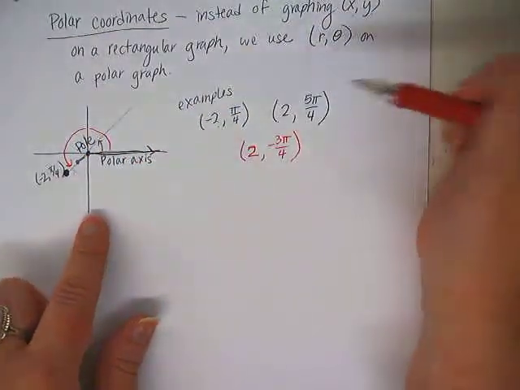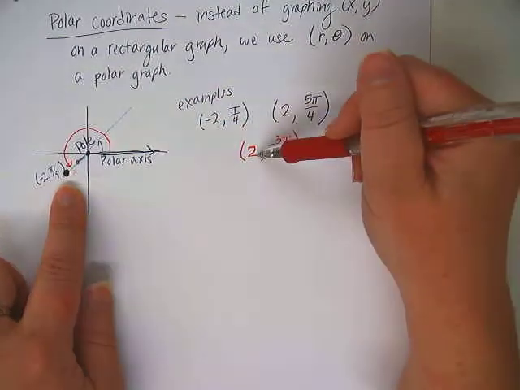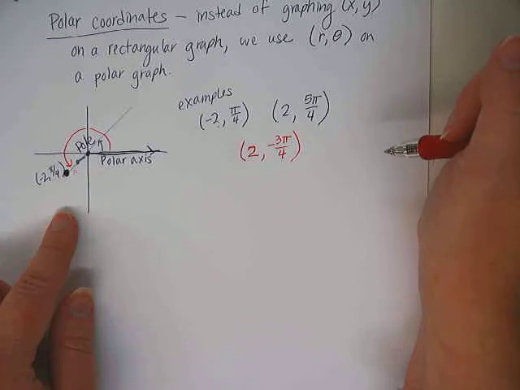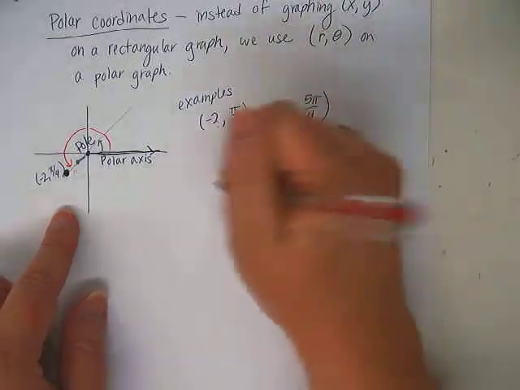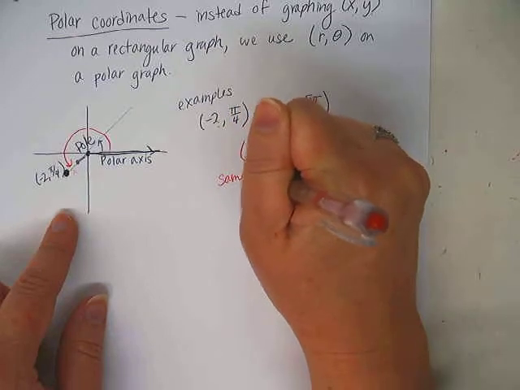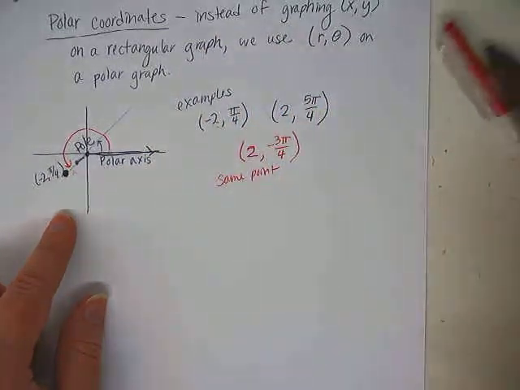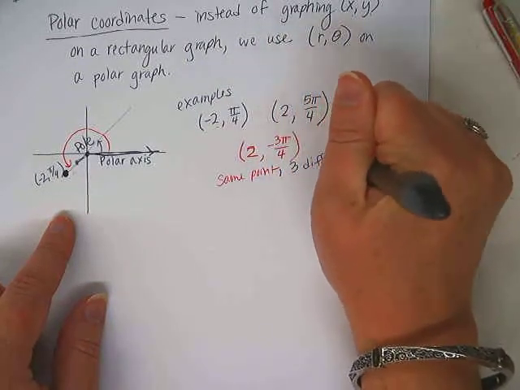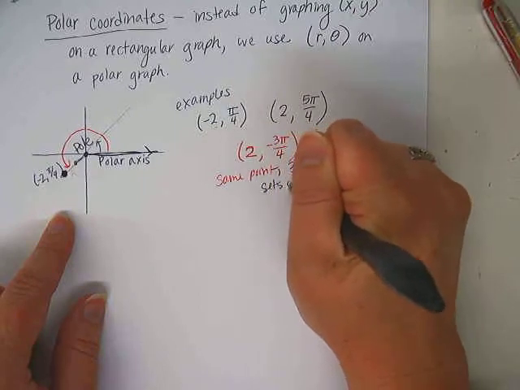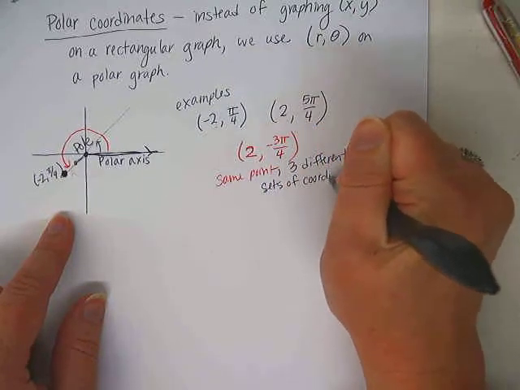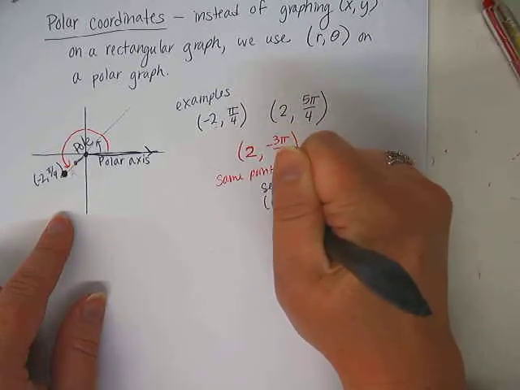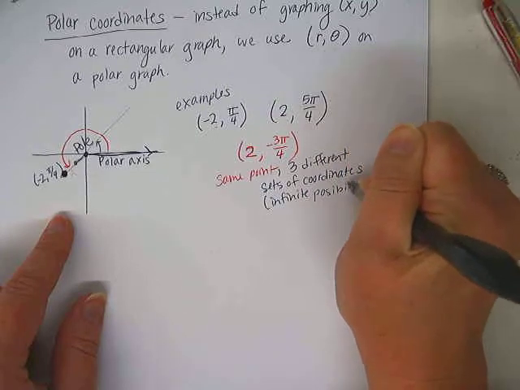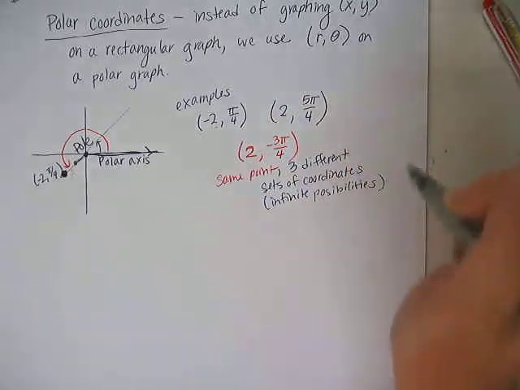We could do a radius of 2, but an angle of -3 pi-4ths, which causes us to go backwards 3 pi-4ths, and then toward that angle a distance of 2, thus giving us exactly the same point with a third set of coordinates. So we got exactly the same point with 3 different sets of coordinates. But like we just said, there are infinitely many possibilities.